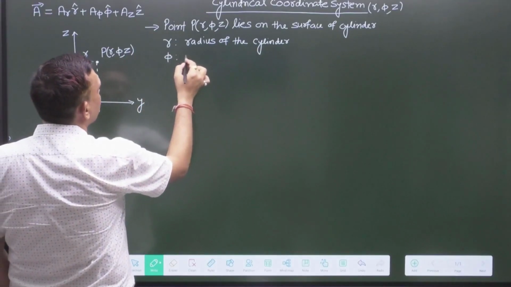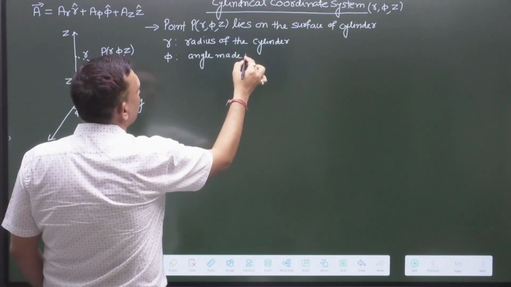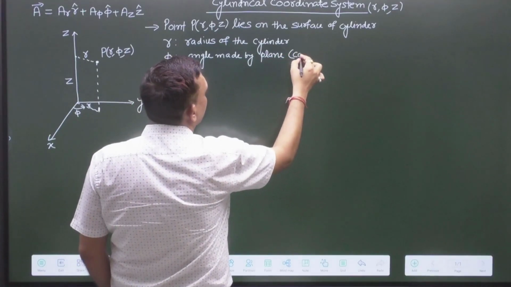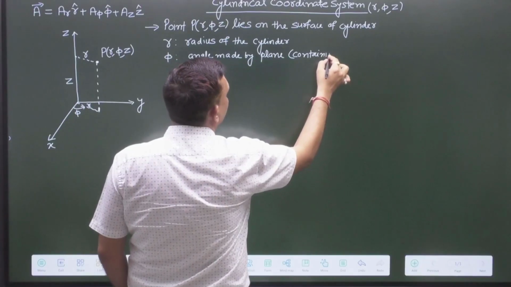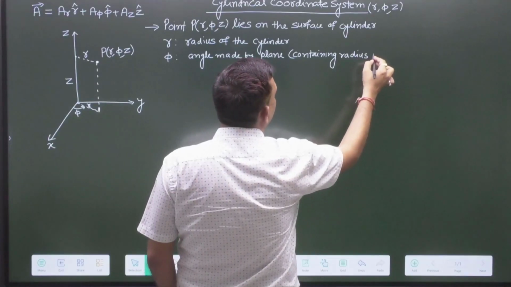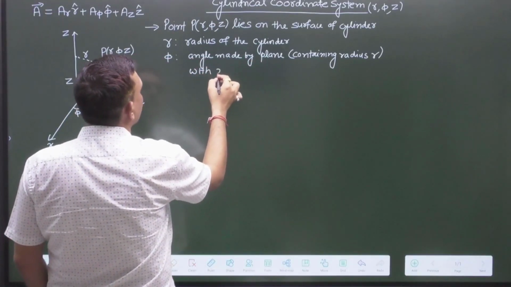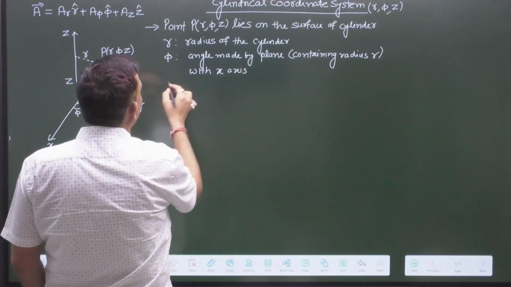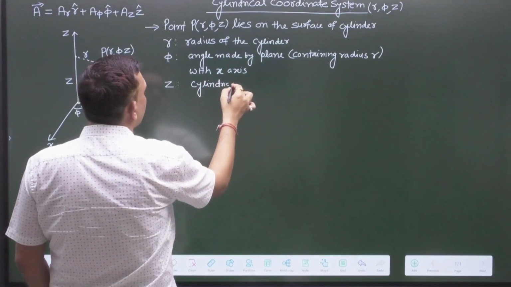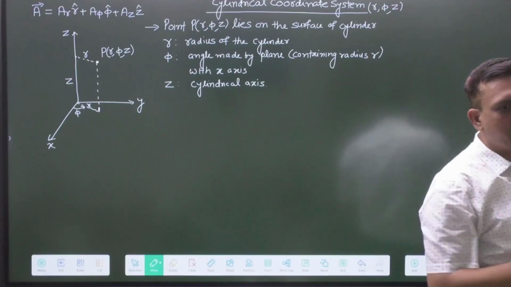Phi is the angle made by the plane containing radius r with the x-axis, and z is the cylindrical axis. So that is the coordinates r, phi, z.